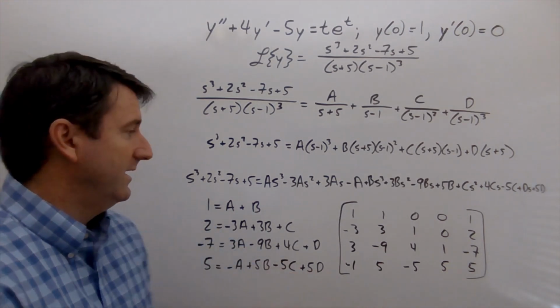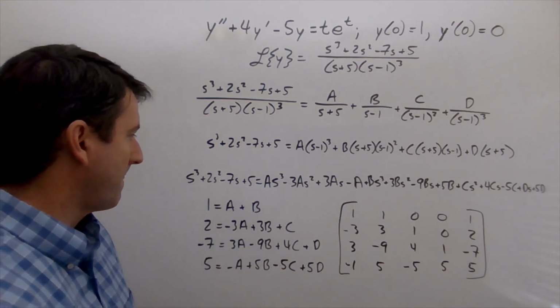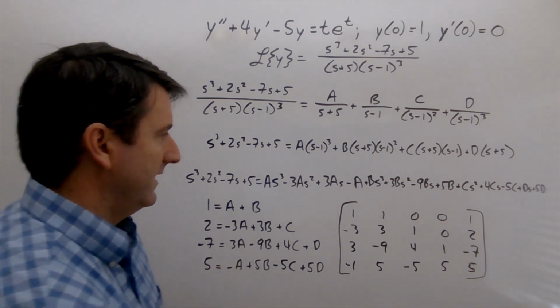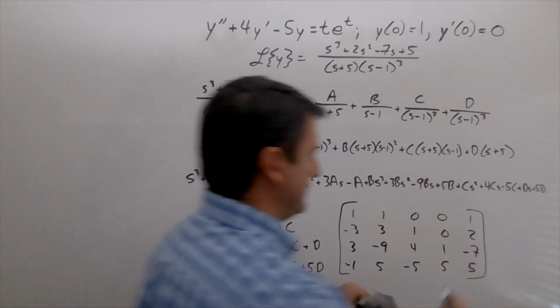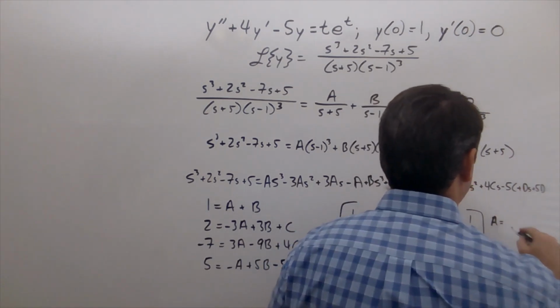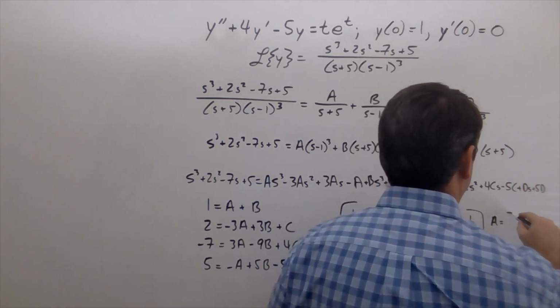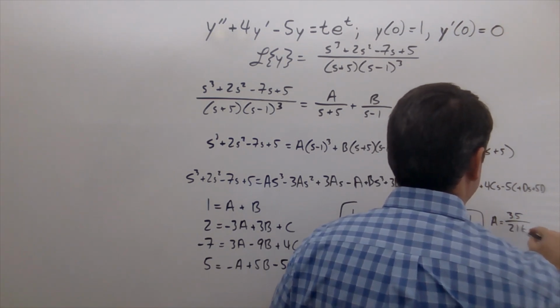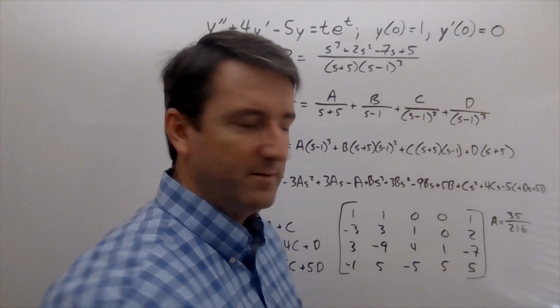And then if we do some elimination on this, we're going to get that A is equal to 35 over 216. Let me check that, yeah.